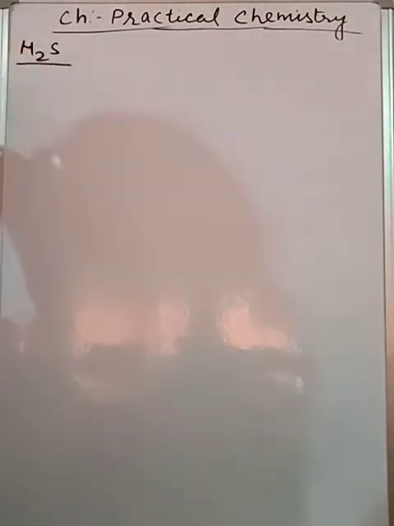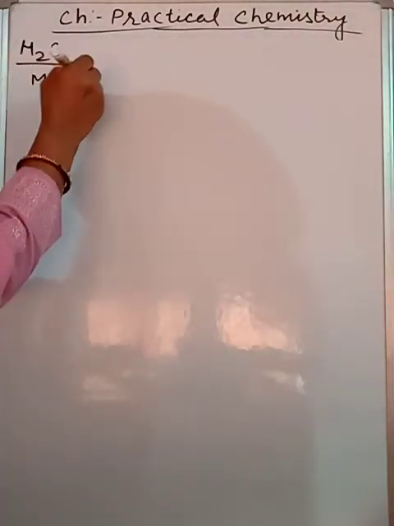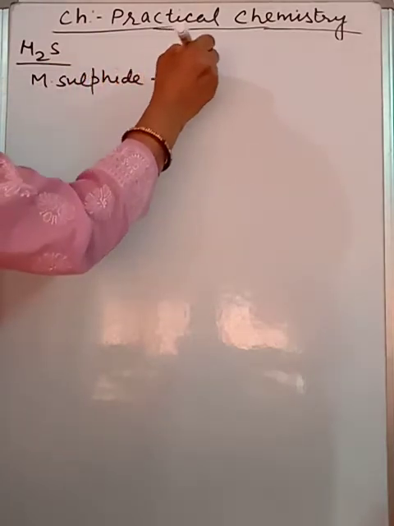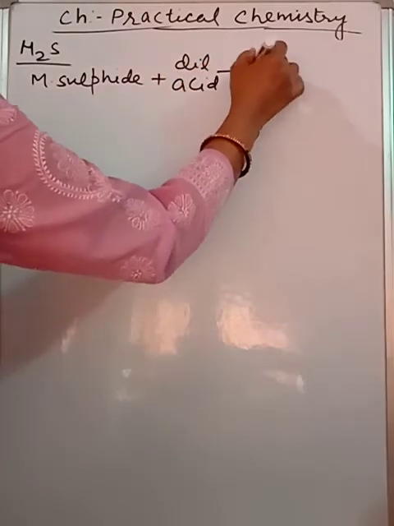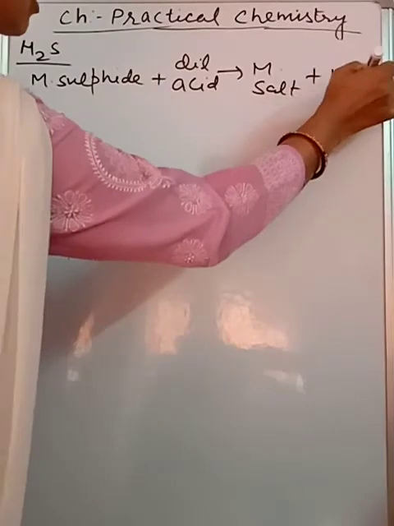H2S. How does this gas get formed or released? By the action of metal sulfide plus dilute acid, then you will get metal salt plus H2S gas.